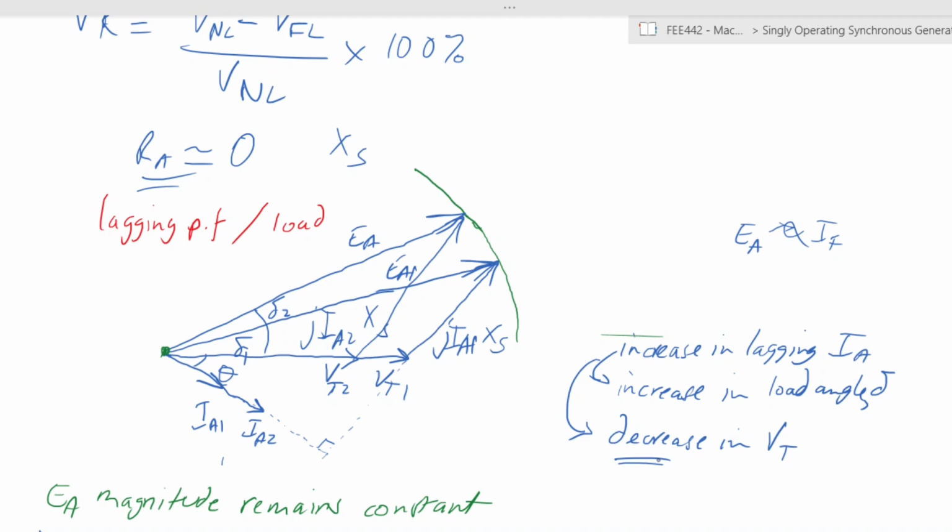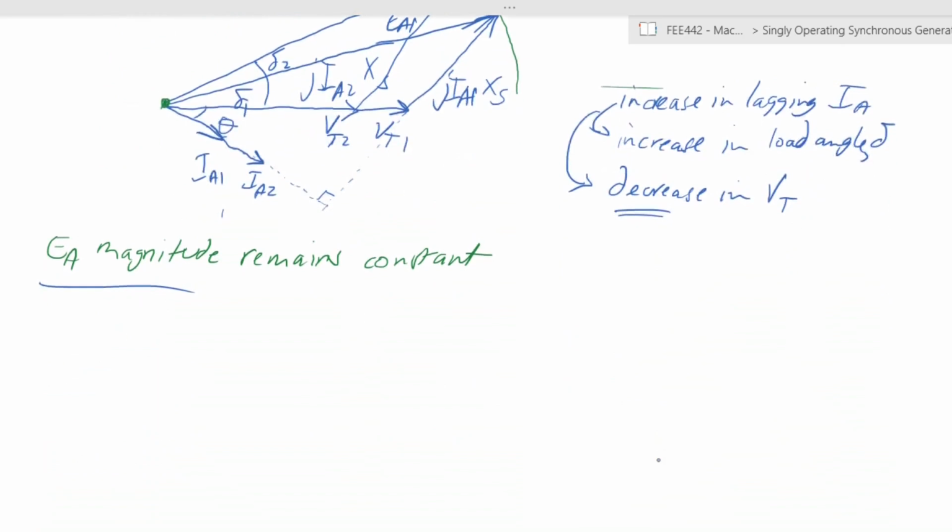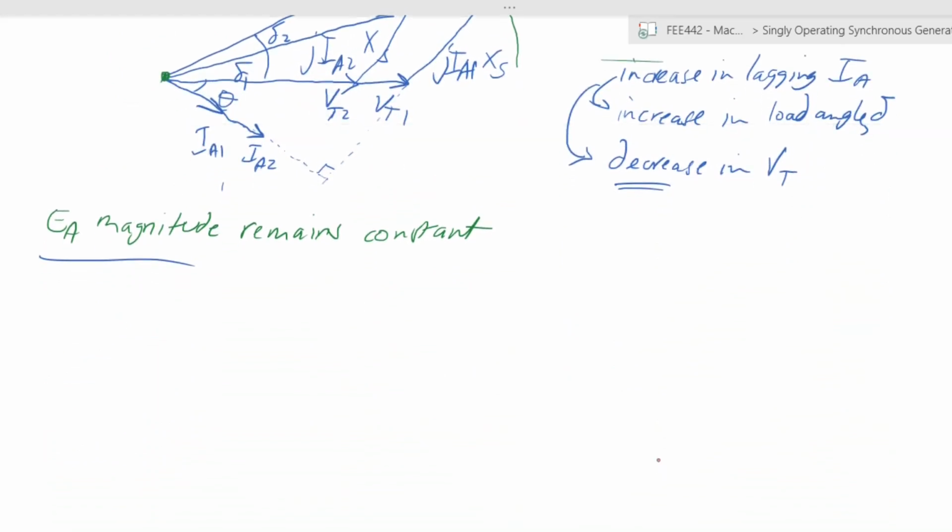Even in your house, if you suddenly switch in your immersion heater or a high heating load, what will happen to the lights? The lights will dim. So that is reflected here. If you have a lagging load that is added to the load, it tends to decrease the voltage that is available at the terminals. So that's number one.